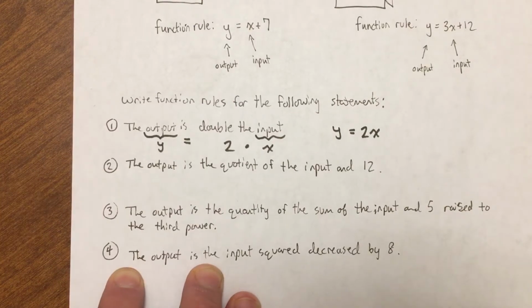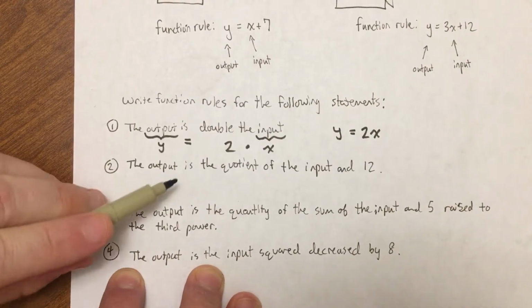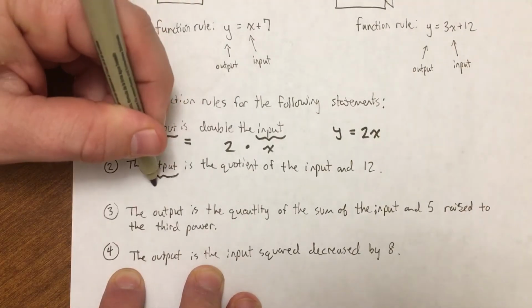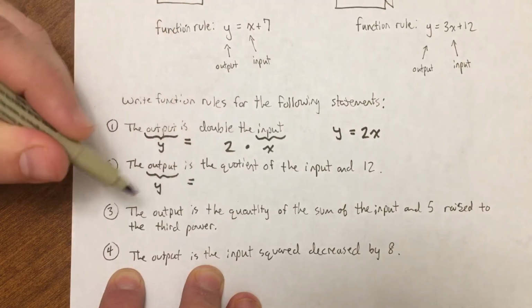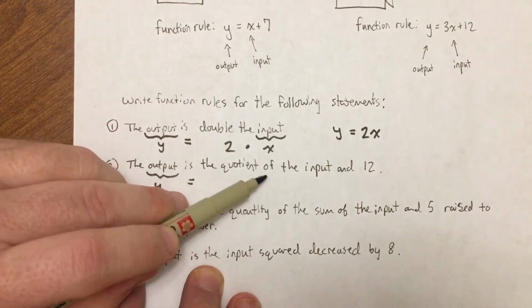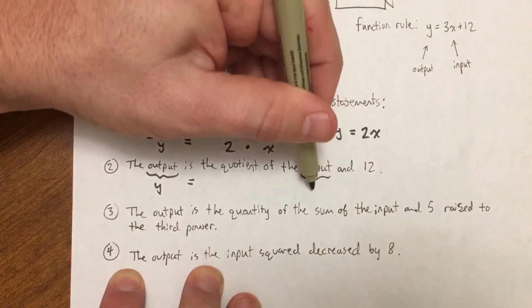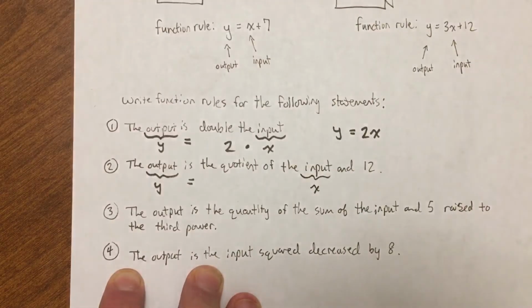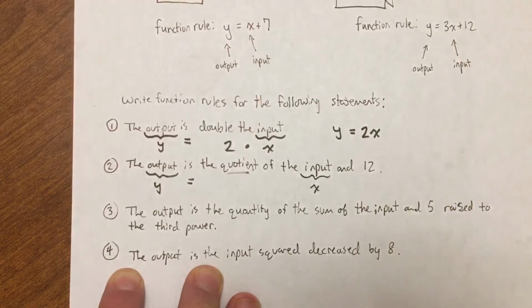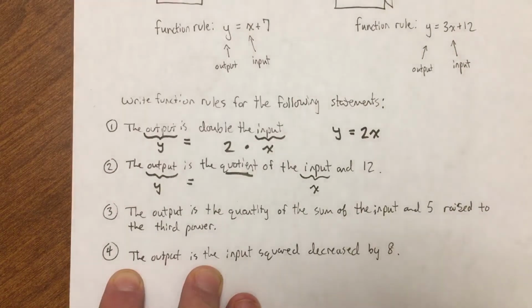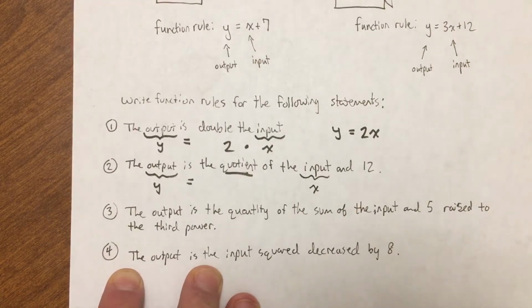Let's try number 2 out. The output, y, is equal to the quotient of the input and 12. Well, let's think about what the word quotient means again. If you recall, the word quotient refers to an operation of, you guessed it, division.